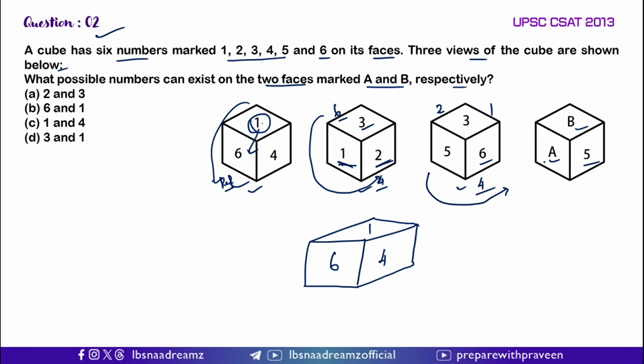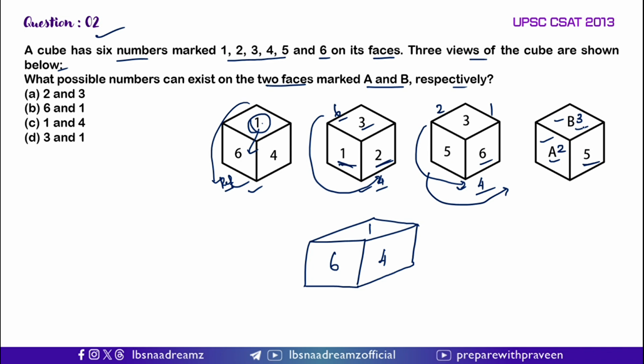We have to find what possible numbers can exist on these two faces, A and B. 3 will be in the top. They have rotated it like this, right? So 2 will come here.